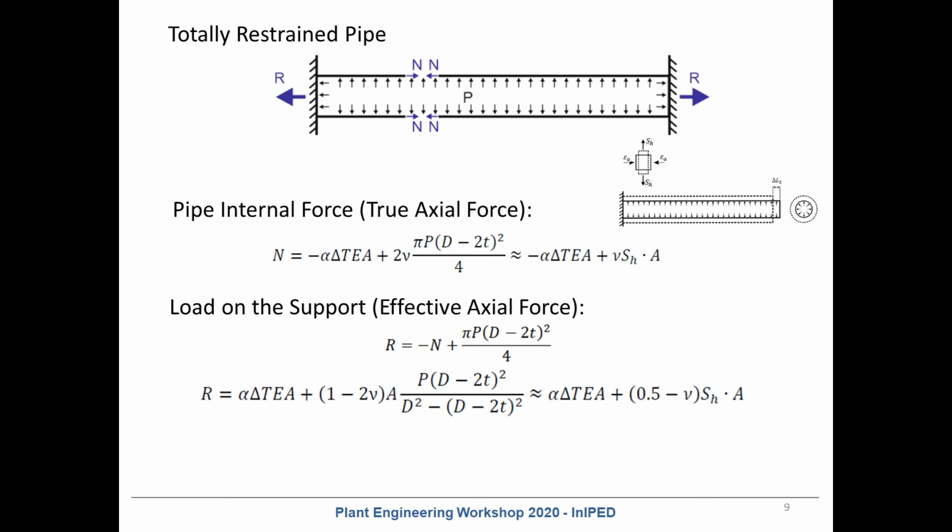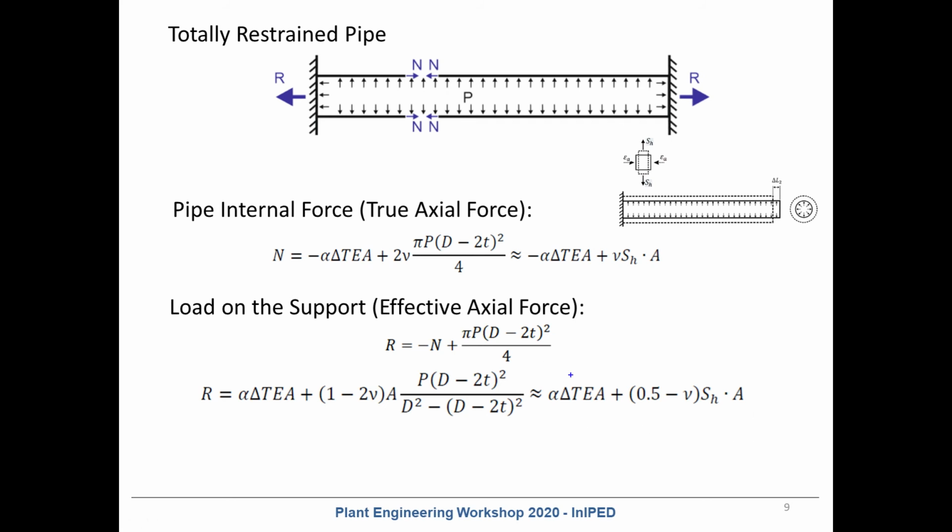The end cap forces are applied to the anchors and totally absorbed by the anchors, so the end cap forces doesn't produce any internal force inside the pipe wall. So this is the equation for axial force, internal force in the pipe, and the restrained load, the load on the anchor, will be the internal axial force plus the end cap force, because the end cap forces are applied to the anchors, and the final equation will be like this.